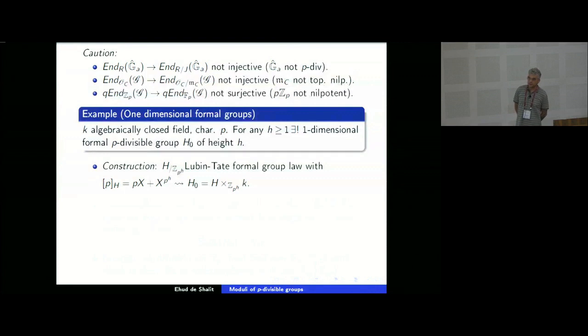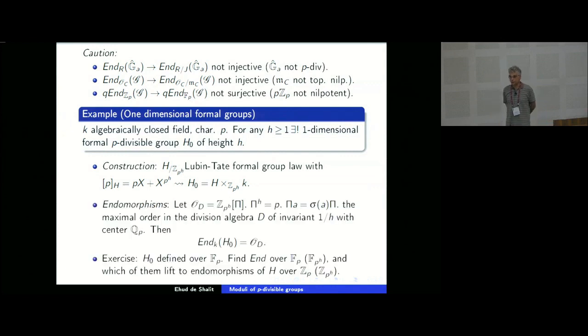For example, one that is associated to the polynomial px plus x to the p to the h, and reduce this one. We will later see how this one reappears as what's called the canonical lifting of H_0. That's a very cheap way of constructing this H_0 if you believe that it is unique.